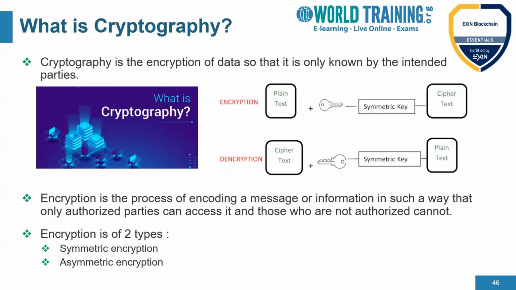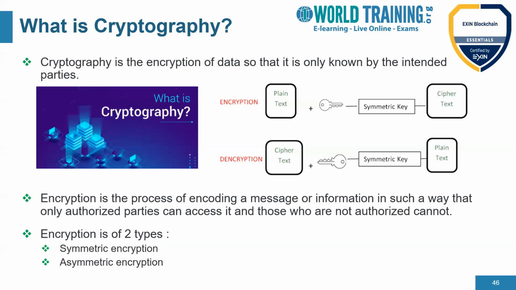As we say, encryption is a process of encoding a message or information in such a way that only the authorized parties are able to access it, and the unauthorized folks are not allowed to see that information. Encryption is of two types: symmetric encryption and asymmetric encryption.